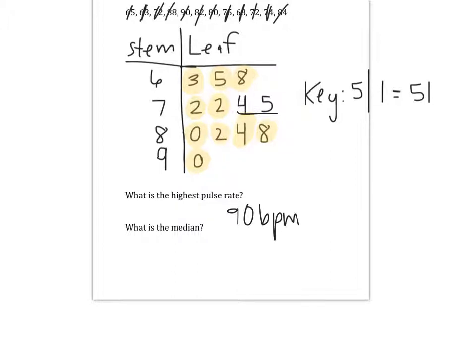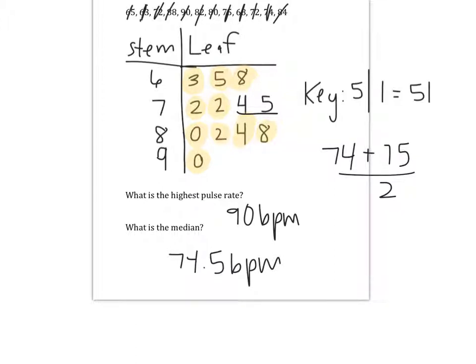To figure out the median, and we know this from the mean, median, and mode lesson, 74 plus 75 divided by 2 will be 74.5 beats per minute. And this would be the stem and leaf plot for example 1.